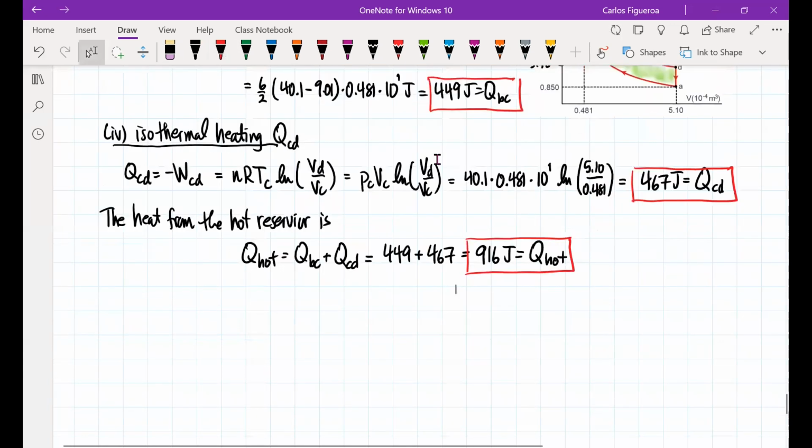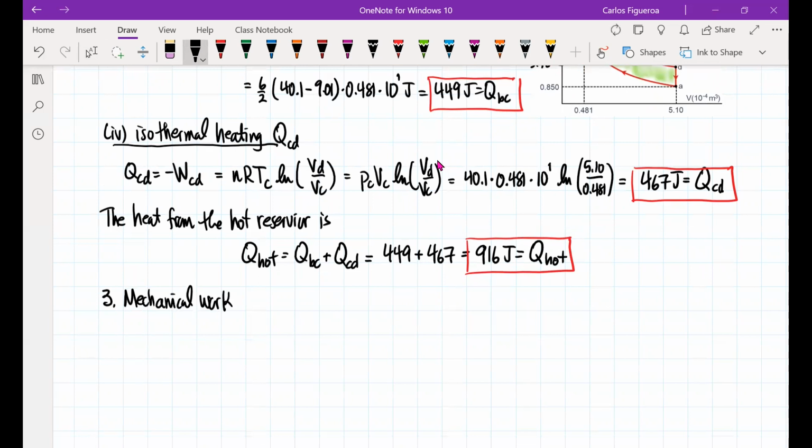So now the last thing I've got to compute is the mechanical work W out. And this we get from the first law. The first law says that the work out has to be Q hot minus Q cold.